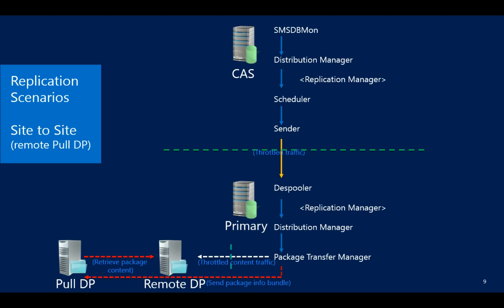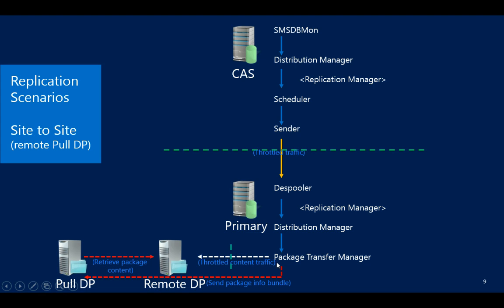So you have a question, you have a choice. Do you want to put a secondary out there, or do you want to tolerate the hit on that WAN link of replicating your content to those remote DPs 8 times, right? Which is not huge compared to the clients coming across that slow WAN link, but still it's a lot of traffic across this slow WAN link, right?